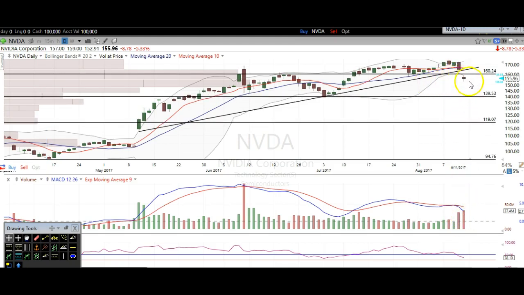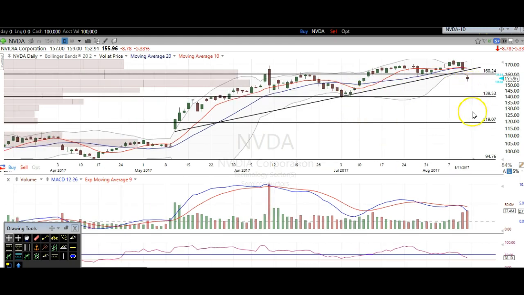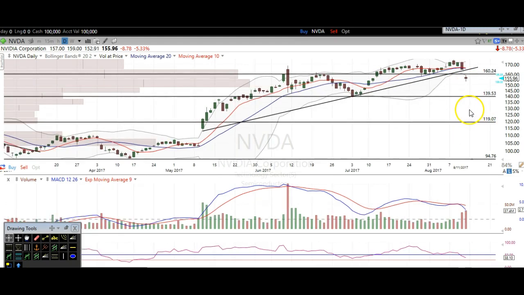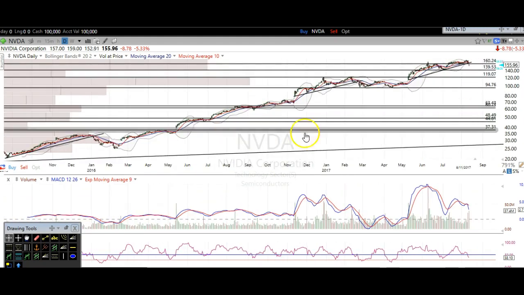You can also see the Bollinger Bands expanding here. So this can move pretty swiftly on NVDA. So just keep these levels in mind. First level, 140, is that conservative target. If we do head lower down to 120, to me that's a buying opportunity, as I do think this is still a very overall strong bullish chart.